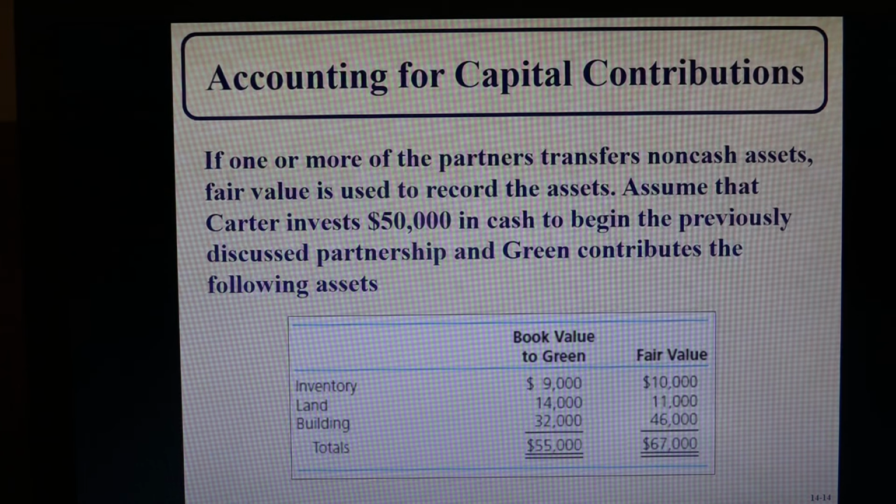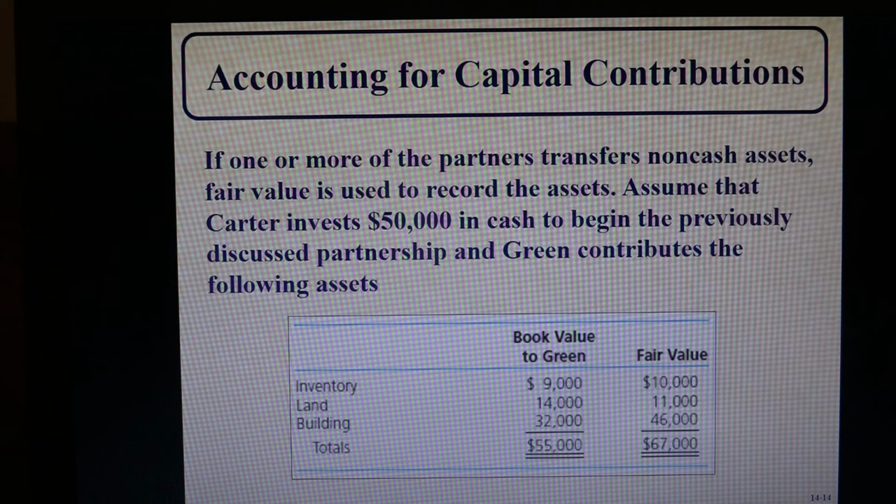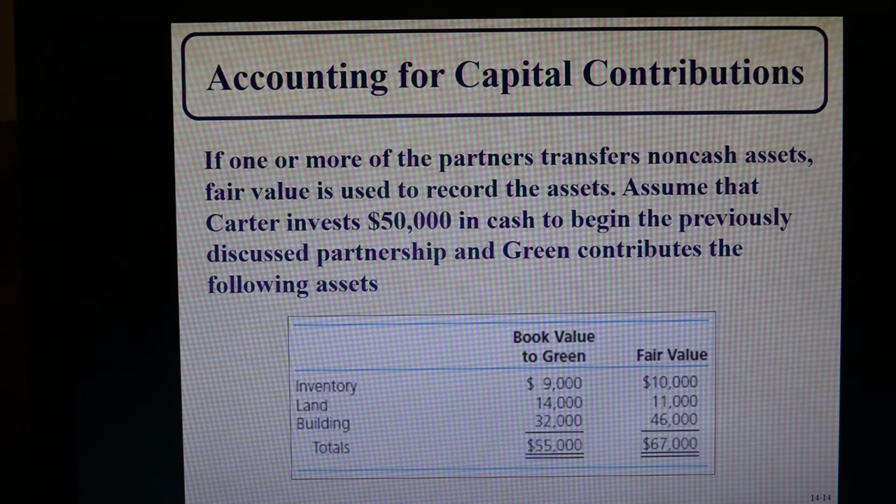The question that the book goes into is, well, should we account for non-cash items using the non-cash items' fair market value at the time of the contribution, or should you use its basis?